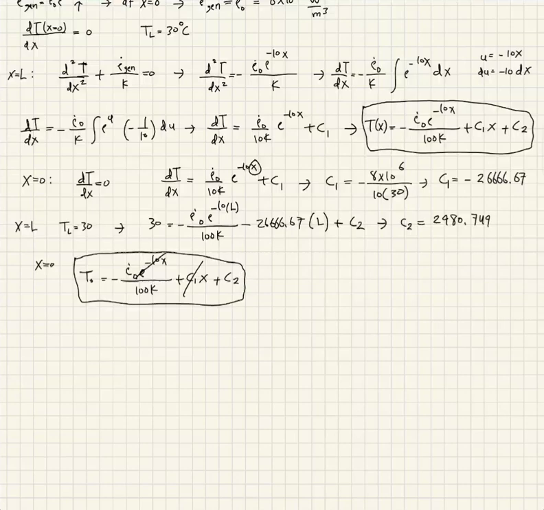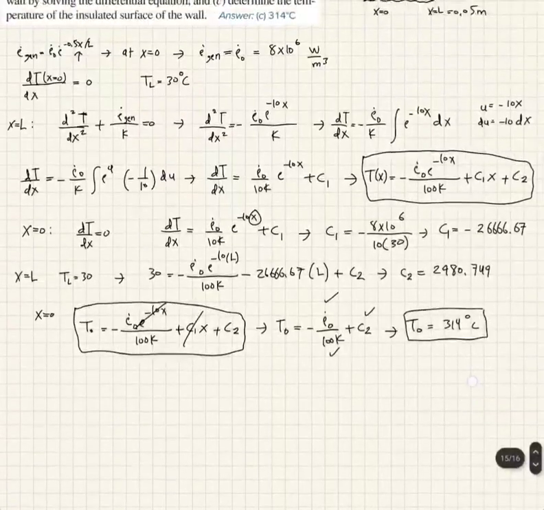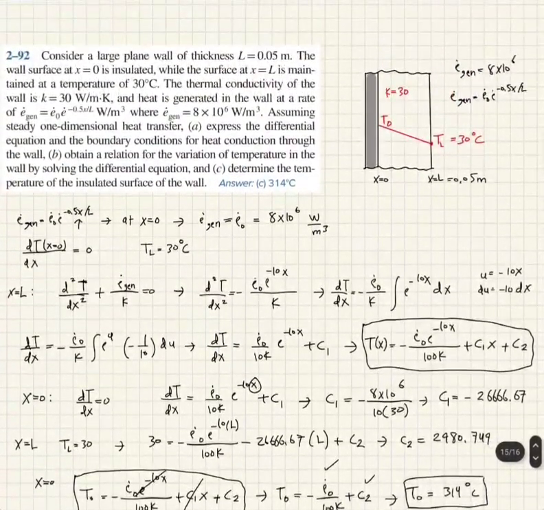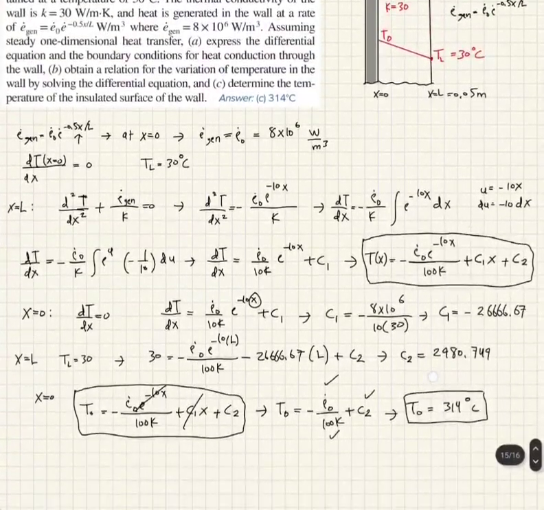We know C2 is 2980, so we're just left with T0 equals negative E dot 0 over 100k plus C2. We know this, we know that, so T at 0 is basically 314 degrees Celsius. That's it. So as we said initially, T at 0 has a higher temperature than T at L.